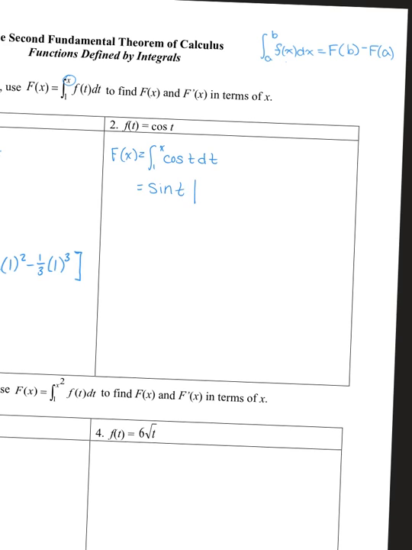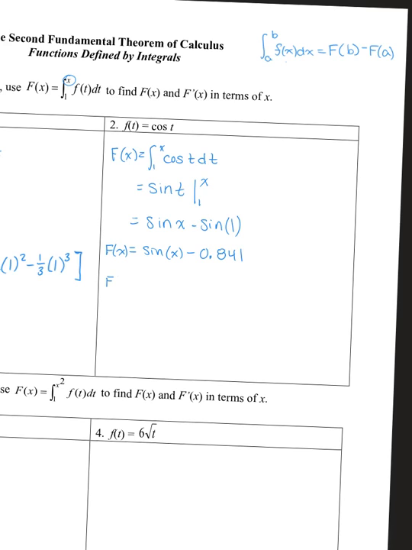So we have sine of t evaluated from 1 to x. If you plug that in, you get sine of x minus sine of 1. Okay, put that in parentheses, which if you're in radians on your calculator and you plug in sine of 1, so we have sine of x minus, and it turns out to be 0.841. Okay, so this is capital F of x.